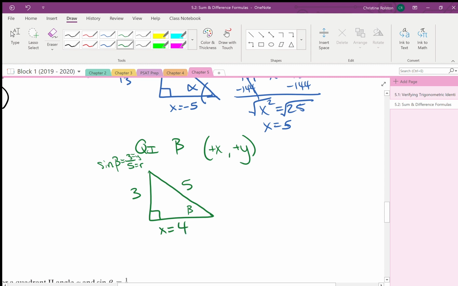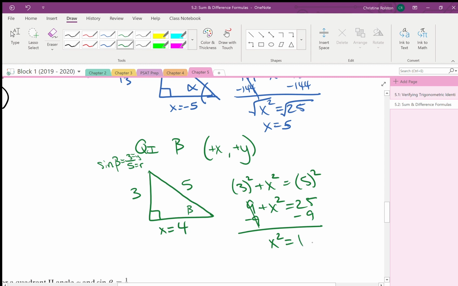But if you didn't know that, remember 3 squared plus x squared equals 5 squared. 9 plus x squared equals 25, minus 9 from both sides. X squared equals 16, I square root, x equals 4. So I'm done. Pythagorean theorem, and I got it.